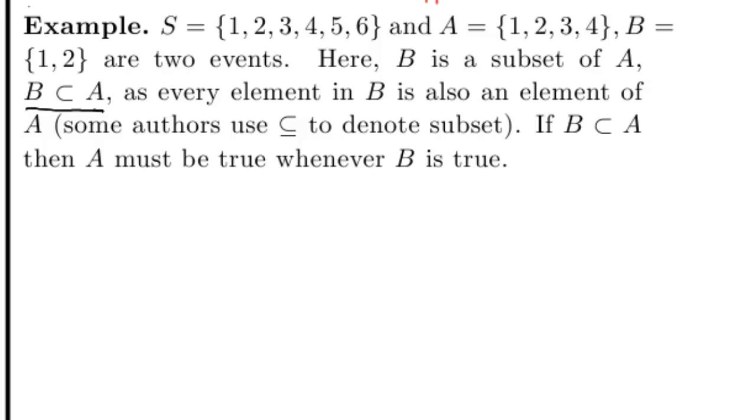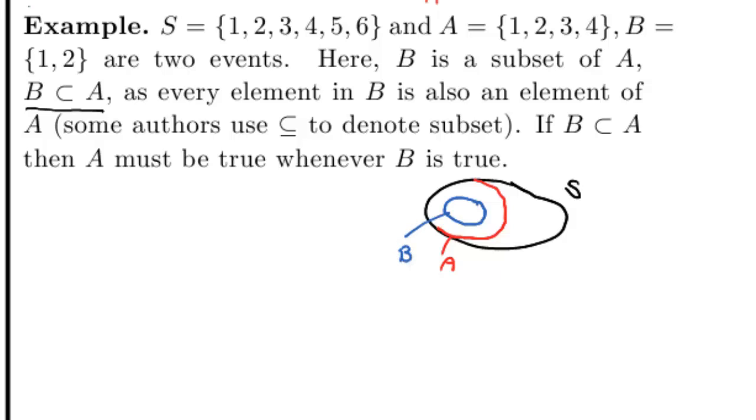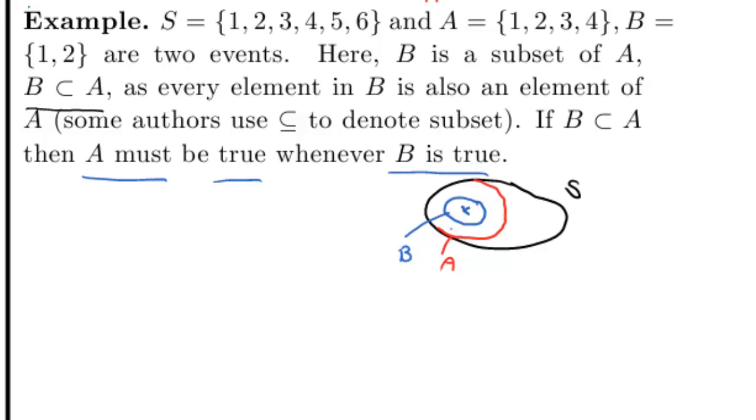Every element in B is also in A. To make a graphic representation in this case, say that this is my S, this is my A, then my B must be strictly inside my A. And in this particular example, A must be true whenever B is true. If B is true, then I got something in the B blob that is 1 or 2, and since the B blob is entirely inside the A blob, event A must be true as well.